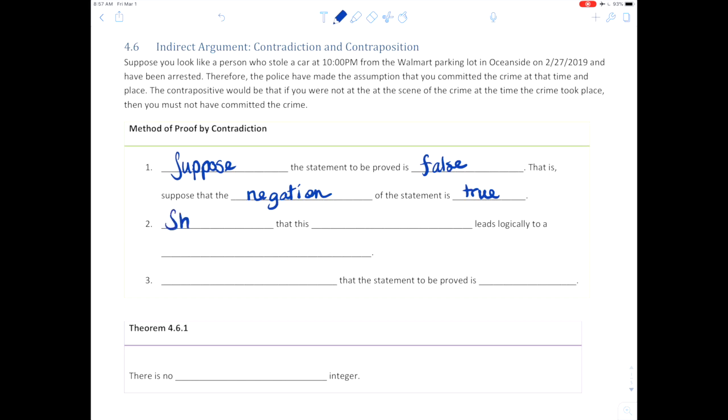And then, of course, you have to show that this supposition leads logically to a contradiction. And then once it leads to that contradiction, we have shown that the original statement is true, right? So then you conclude that the statement to be proved is true.